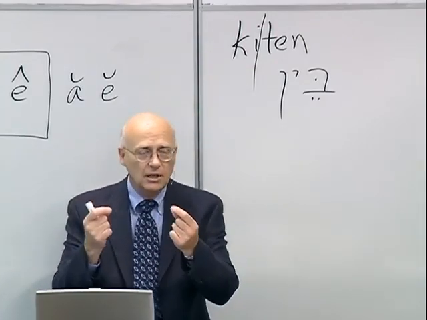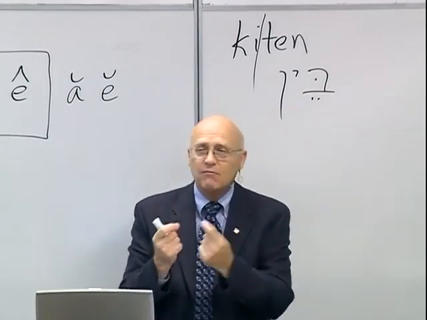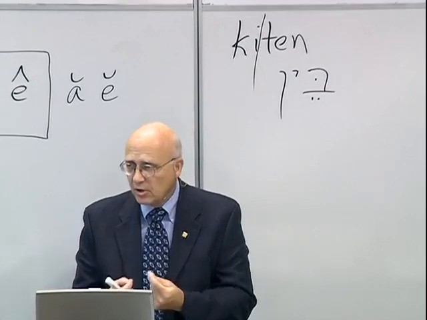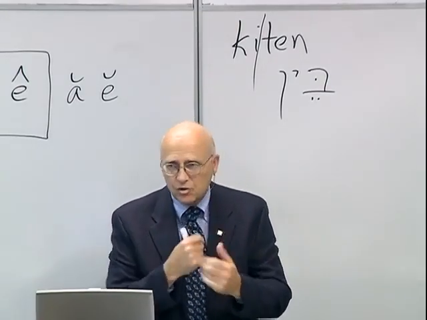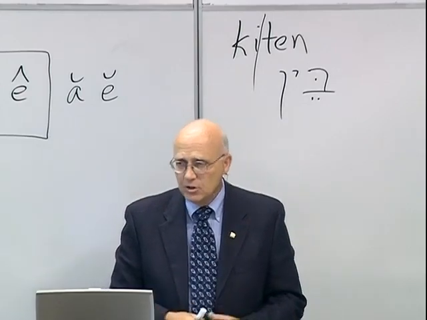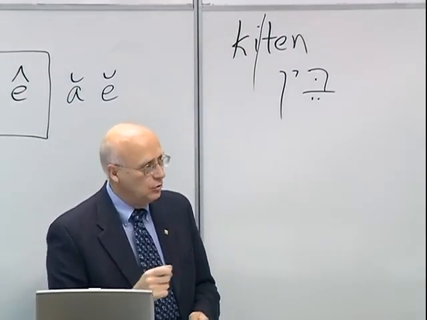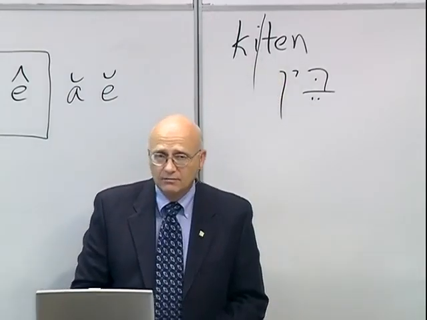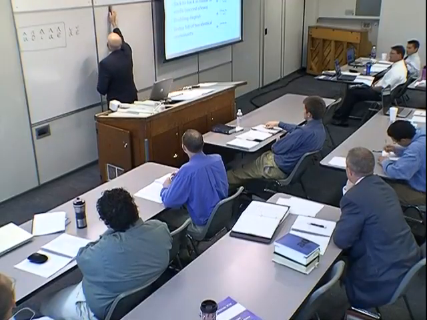It's a signal of how you pronounce the word and why the vowels are the way they are. And you've got to learn how to spell it correctly. As in Hebrew, you've got to learn when a letter is doubled to put that dagesh in there. To leave that dagesh out of kitalu is as much a crime as to leave the second T out of kitten. All right.